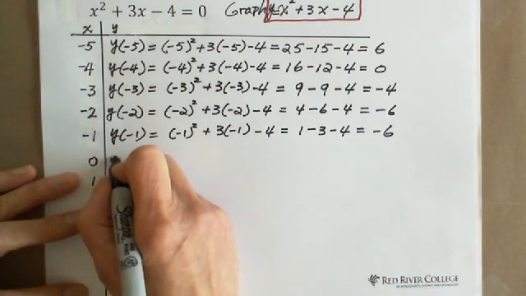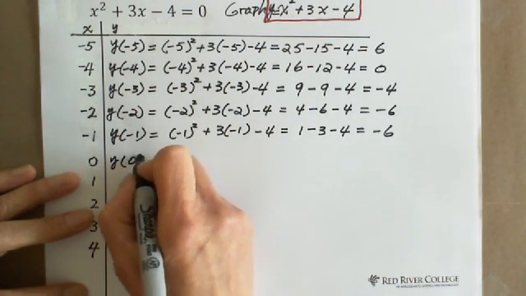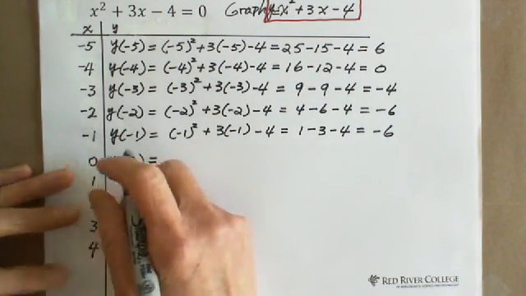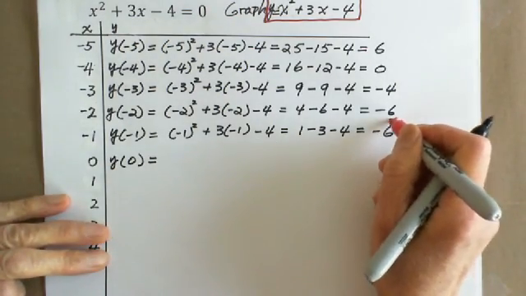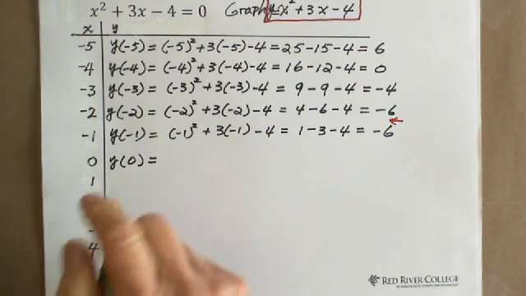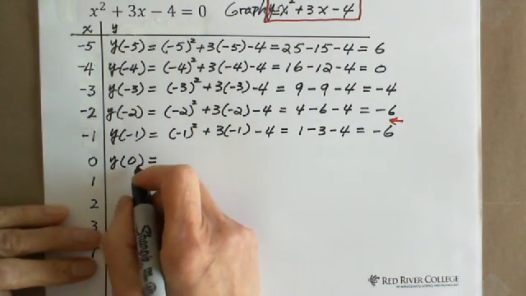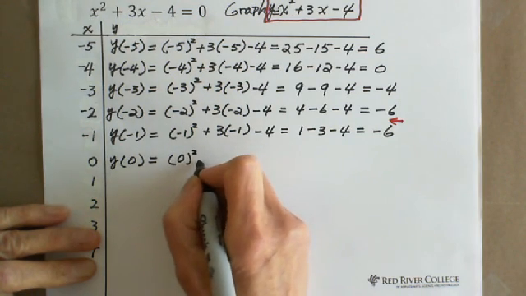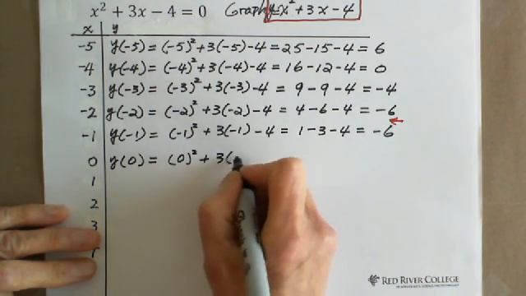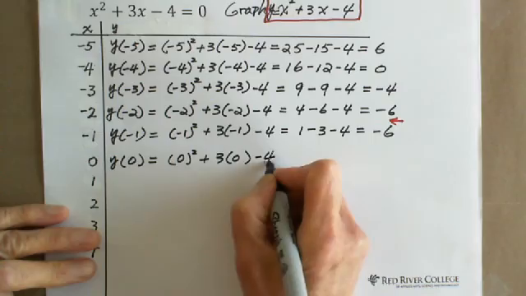Okay. Then for y when x equals 0, we put the number in here. This is 0 squared plus 3 times 0 minus 4.